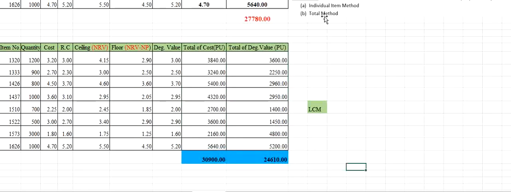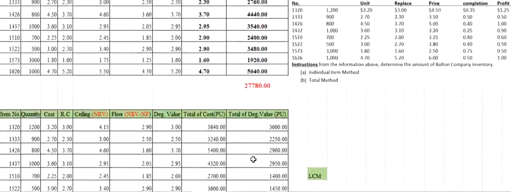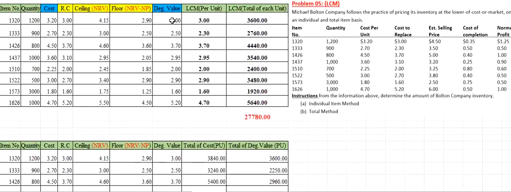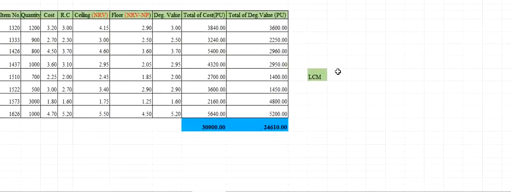As it's a total method, in order to find LCM, I will compare total with total. In the previous method, I was comparing individual cost with individual designated value, every row separately, and I created an LCM for every item. Here, no, it's the total method.